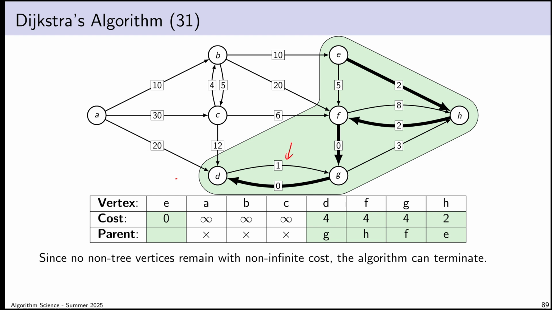And I realized that after I brought in vertex D, I actually haven't reached any of these vertices yet. So the tree does not contain everything in the graph, but the algorithm has to be finished because there's no way to reach vertex A, vertex B, or vertex C. At the current state of the algorithm, the cost of travel to all three of these vertices is infinite because there is no way to reach them.